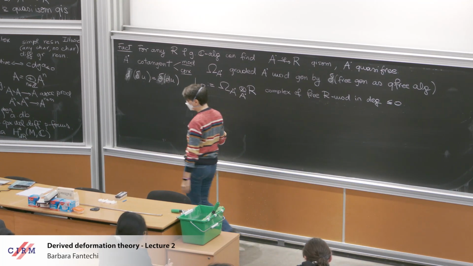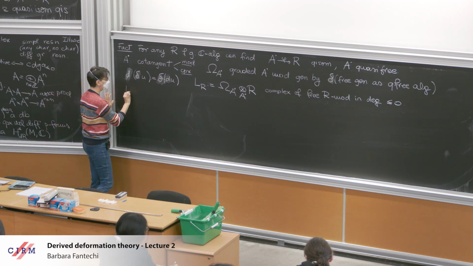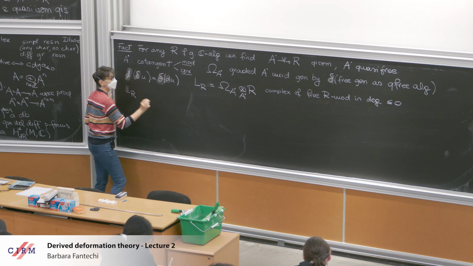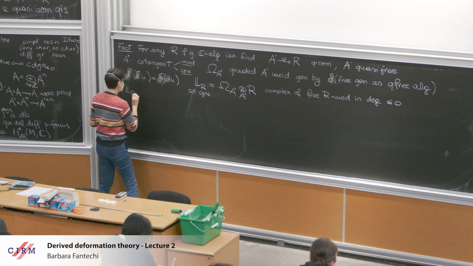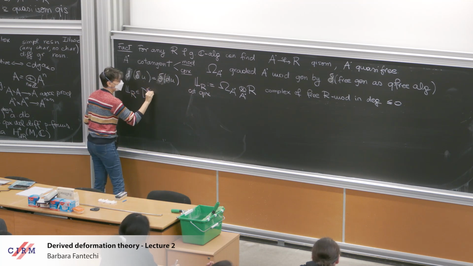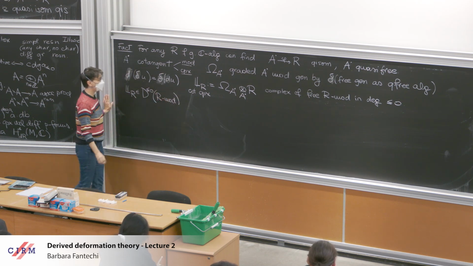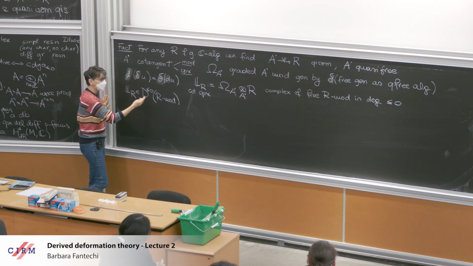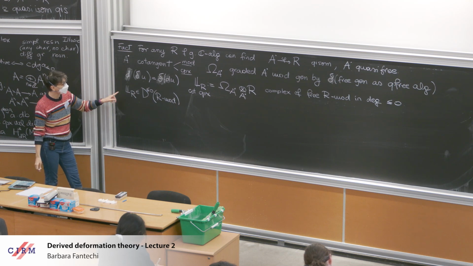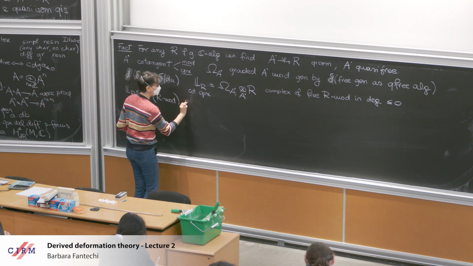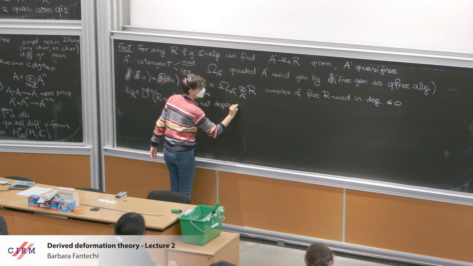And what you get is that this object gives you an element. Let me actually call it this. This is the cotangent complex, and it is an element of R mods, and in fact, it's all finitely generated, so there is nothing there. And the point is, it does not depend on the choice of resolution.